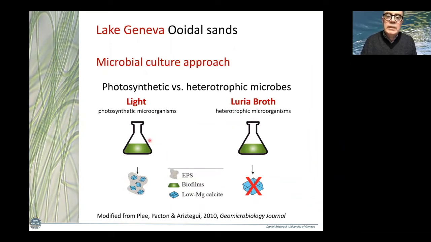And what we see here is that only with light, our photosynthetic microorganisms would form, first of all, the EPS, as you saw in the previous one. We would have biofilms, and we would precipitate low magnesium calcite of the exact same composition that we had in nature. So this helped us to clearly know that it was necessary to have cyanobacteria to precipitate this kind of low magnesium carbonate.